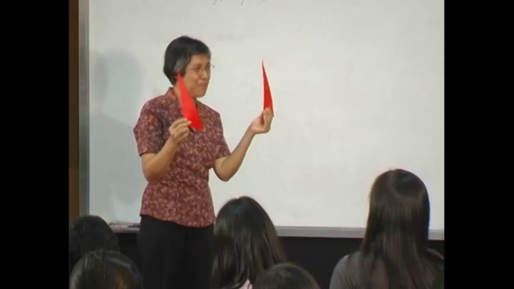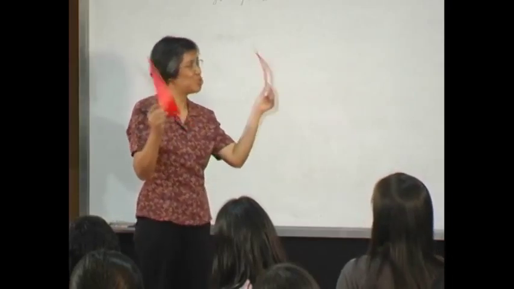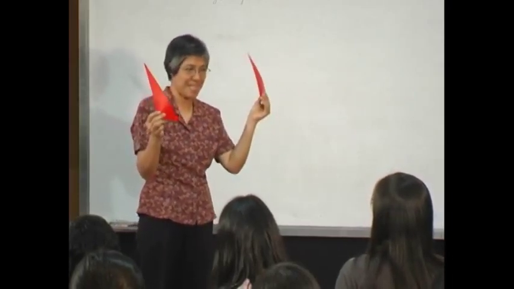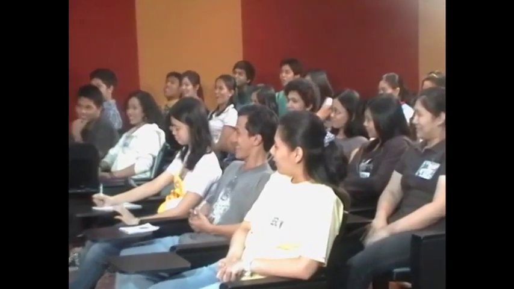Andrea, how else may we check if her claim is right, that these two triangles have the same size? Miss, we could try to just put one on top of the other. So they fit exactly, okay.